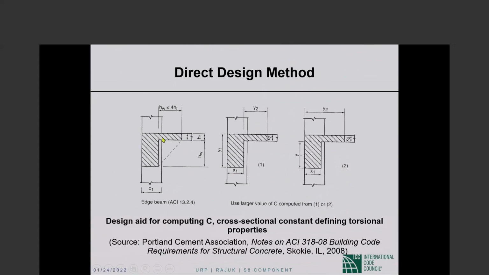Remember, part of the slab becomes part of the beam. You will divide the beam section up. You can do it in two different ways. This rectangle goes up to here and then that rectangle, or this rectangle comes all the way and this rectangle. Whichever way, you can divide it both ways. Whichever way you get the larger C is what you use.